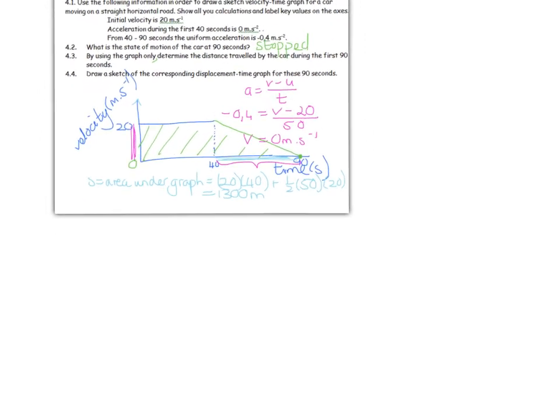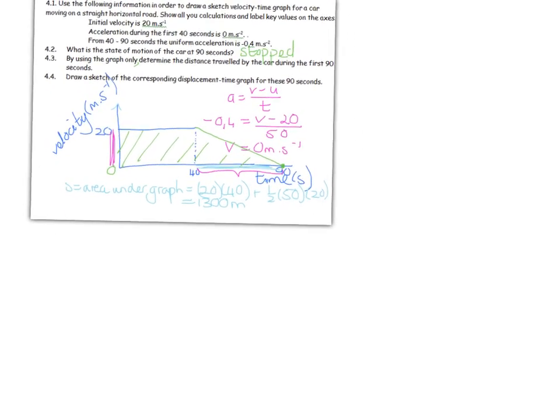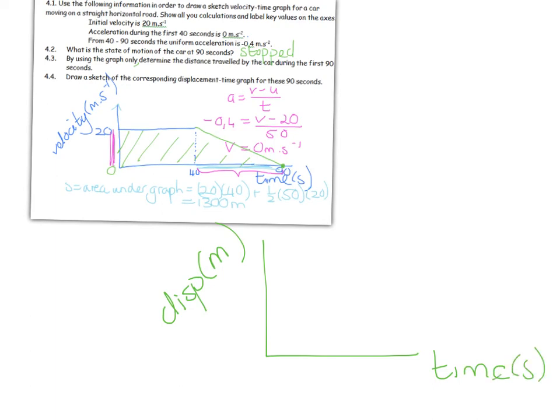So what I'm going to do is I'm going to draw up my axes, displacement, and the displacement is in meters, and my time in seconds. And again, I need to show my 40 and my 90 because they are key points. We don't always necessarily need to calculate every detail of the thing.